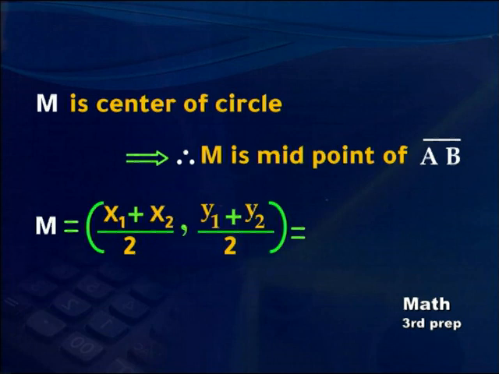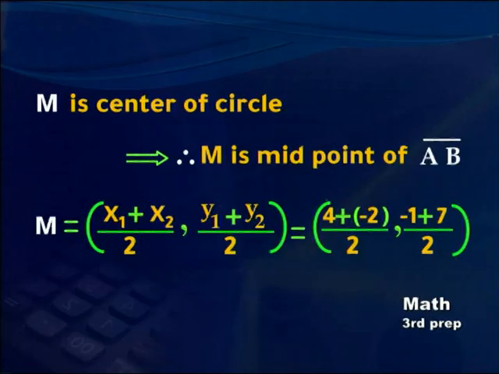By substituting, it is ((4 plus negative 2) over 2, (negative 1 plus 7) over 2), to obtain a result of (1, 3). So the midpoint of AB, which is the center of the circle, will be (1, 3).